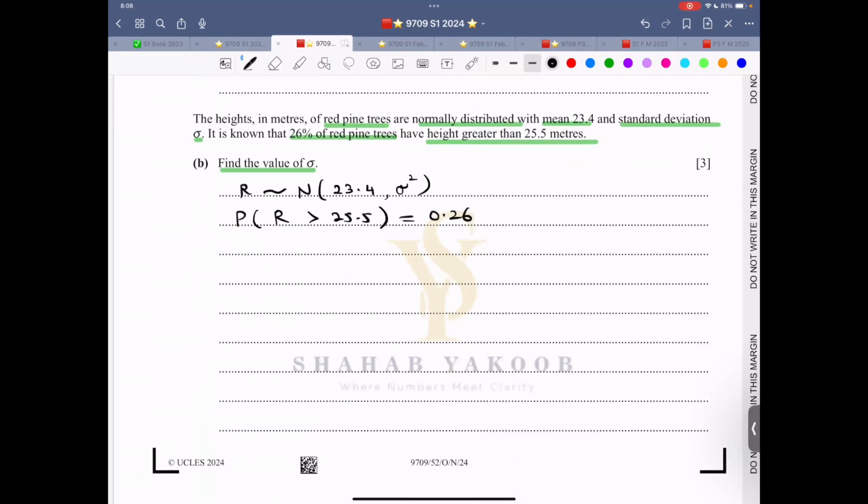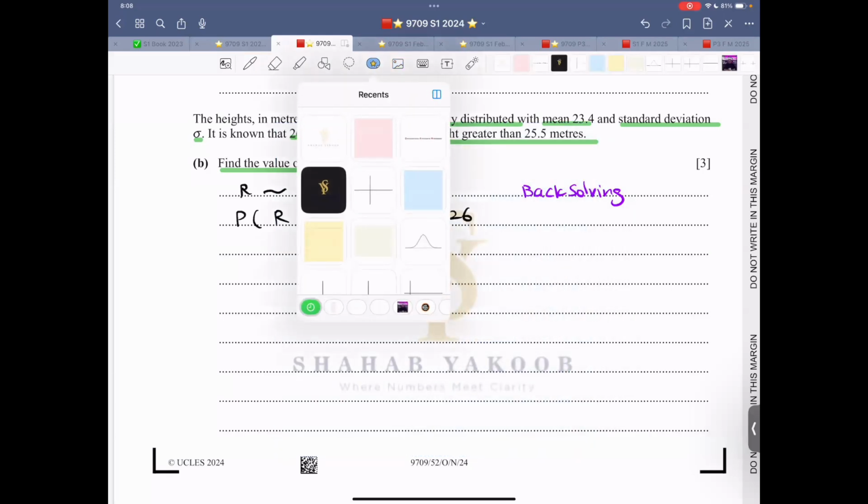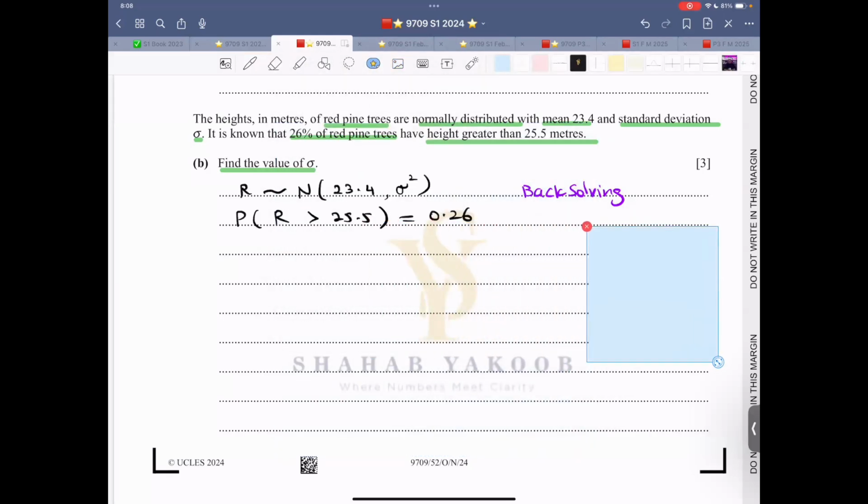Now over here, when we are talking about back solving, what is the meaning of this word back solving? Back solving means using the probability value to find the Z value.